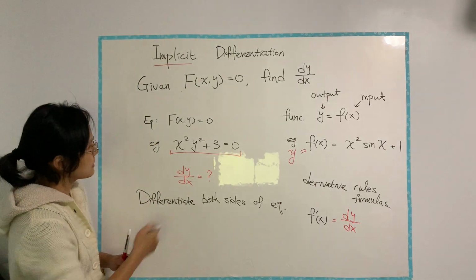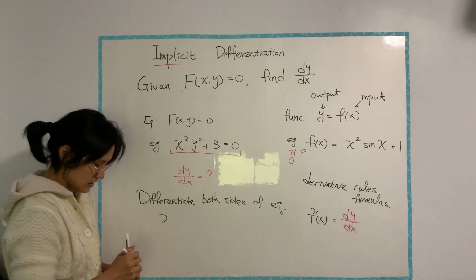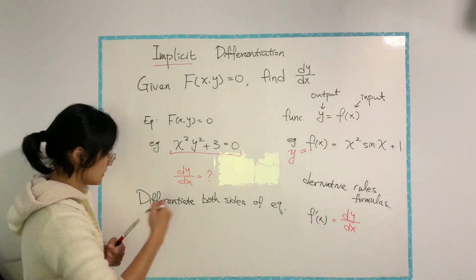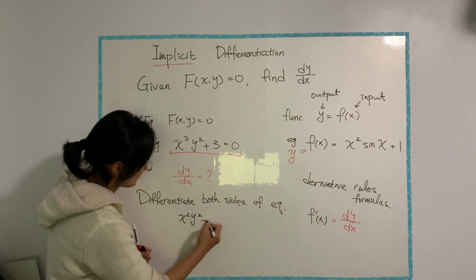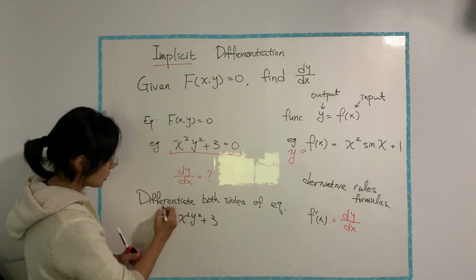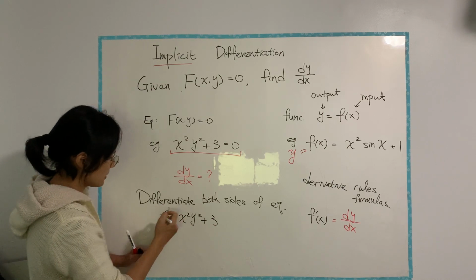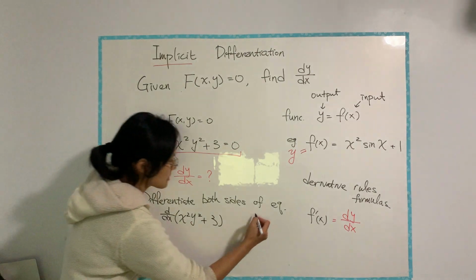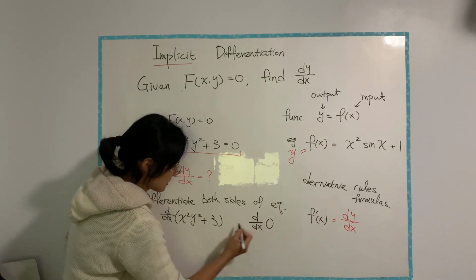So what does that mean? I take this equation, and let me write down the left hand side. I apply the verb differentiate to the left hand side, and I do the same to the right hand side.